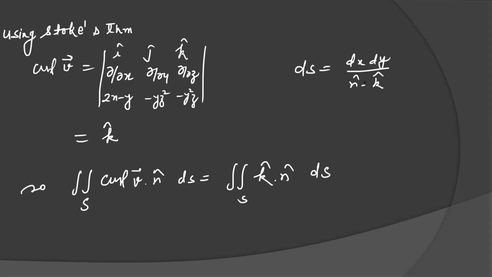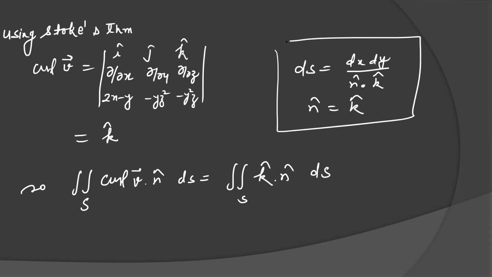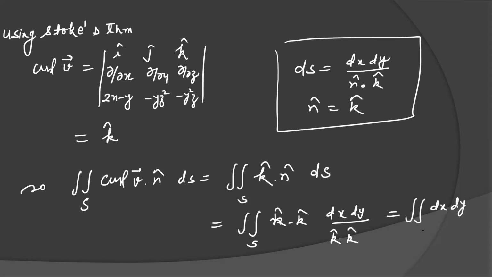If you take the projection in the xy plane, then n cap is going to be k cap, because the outward normal vector is along the z axis and the unit vector along the z axis is k cap. So ds is dx dy over k cap dot k cap, which is nothing else but dx dy of the surface.